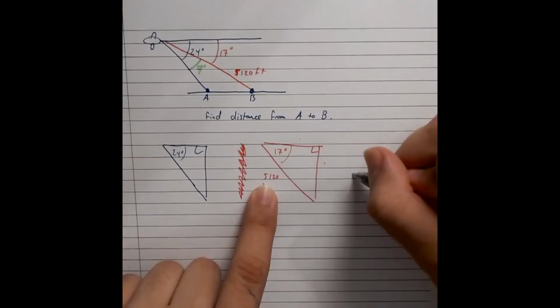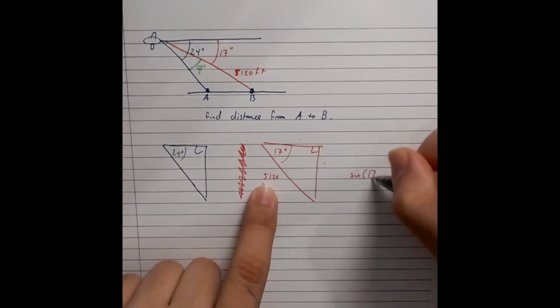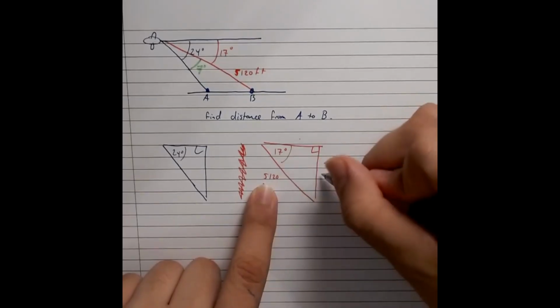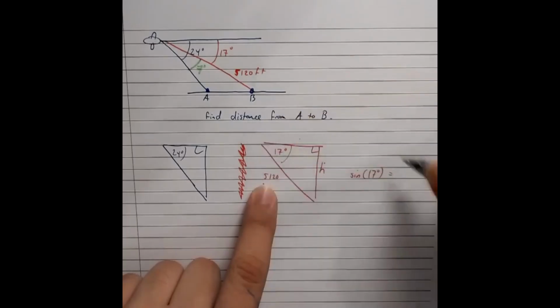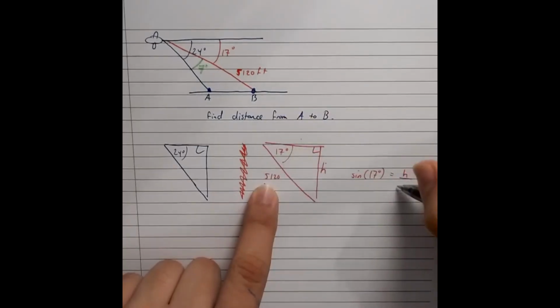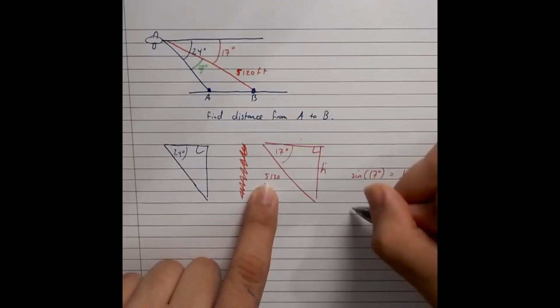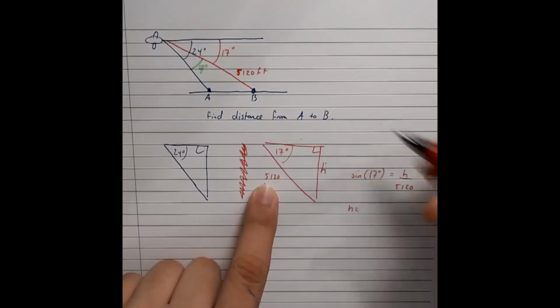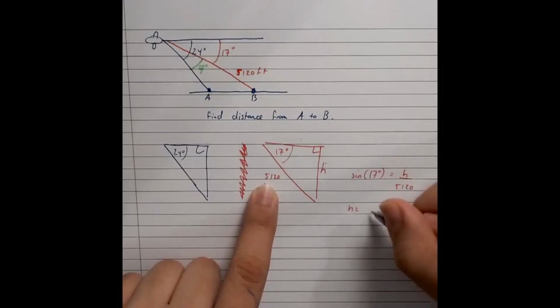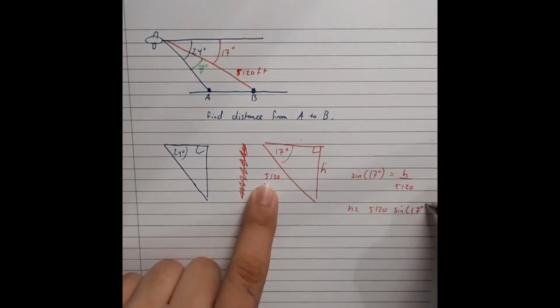Oh, that's going to be sine. The sine of 17 degrees is equal to the side opposite, which is my height, over my hypotenuse. So that means the height, this elevation here, must be equal to, if I take that 5120 and multiply it over here, it's 5120 times the sine of 17 degrees.